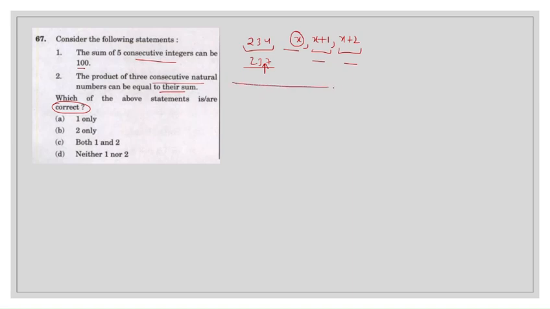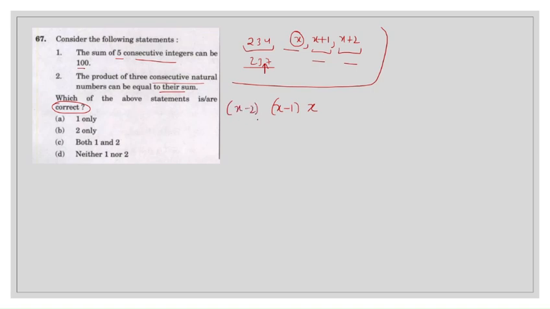The other way of writing the same consecutive numbers is, for example, here they're asking sum of 5. So sum we'll focus upon later. पहले हम 5 जो consecutive integers हैं पहले हम उनको लिखते हैं. For example, if I consider कि जो center most है यानी कि जो third consecutive integer है वो x है, तो the prior one will be x minus 1 and उससे पहले वाला x minus 2.